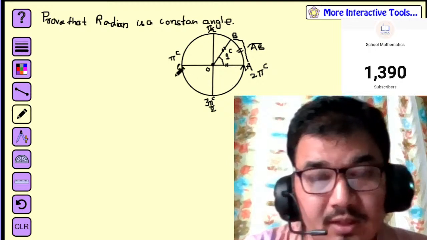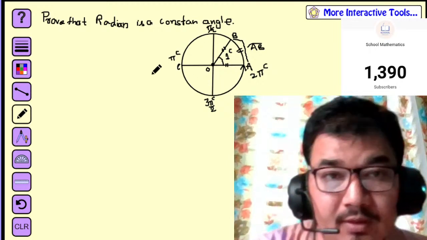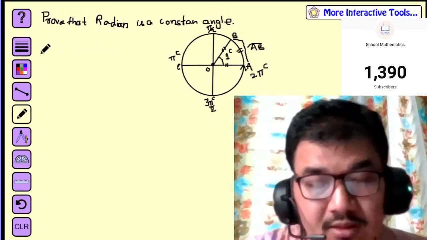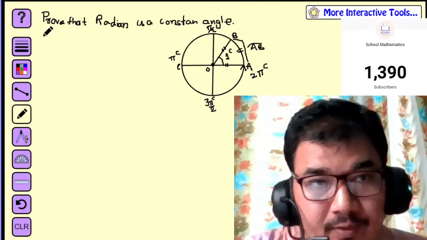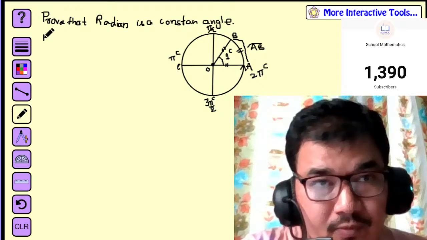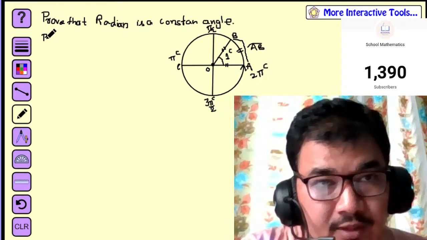Now look here, whatever I told you about this figure should be mentioned in this proof. While doing this proof, write a proof like this.